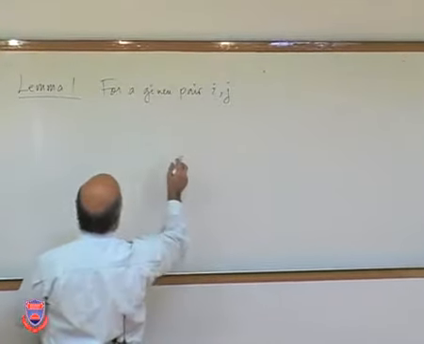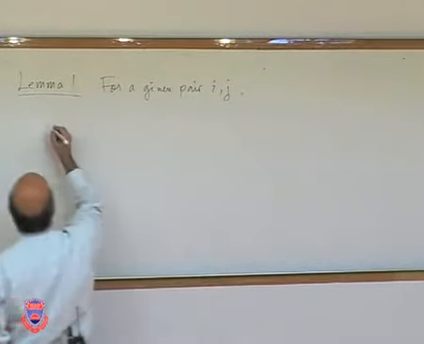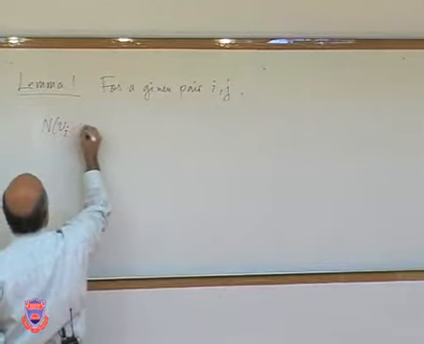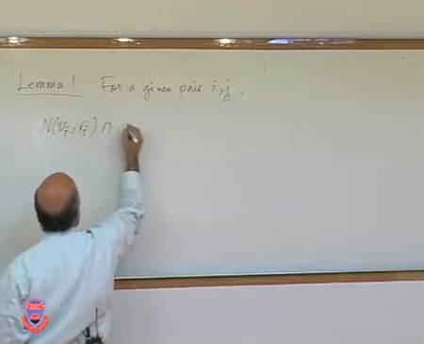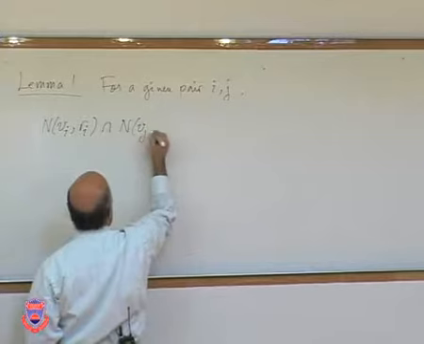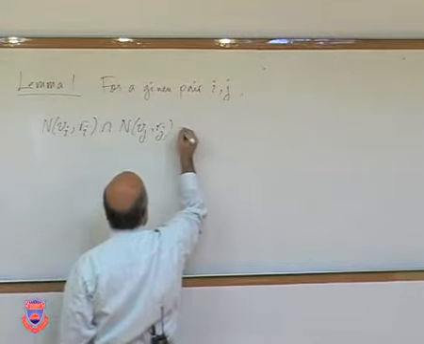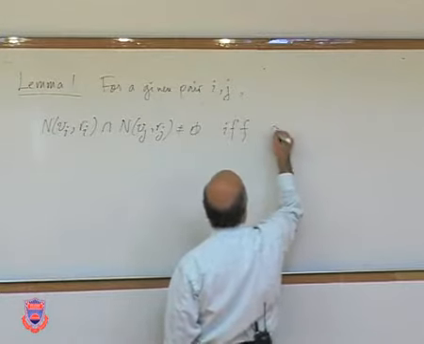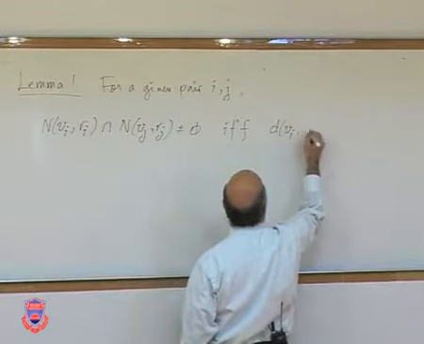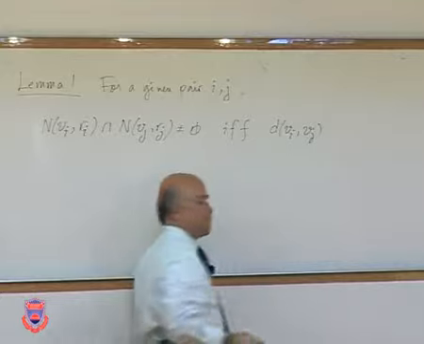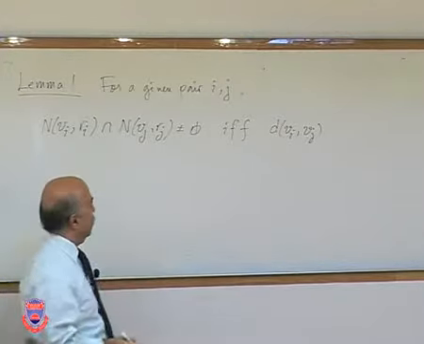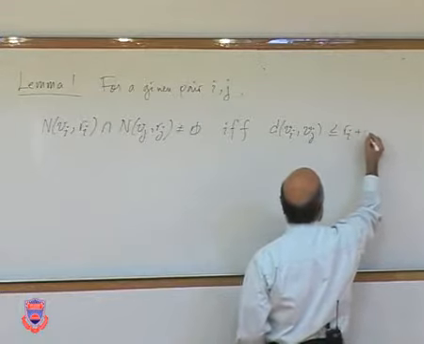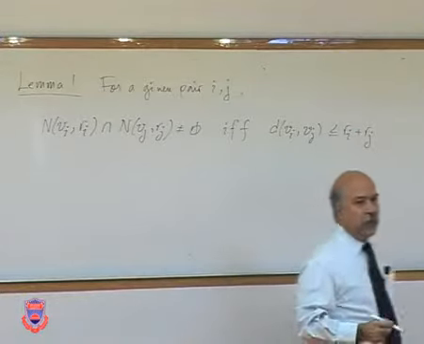So for a given pair ij, the neighborhood Vi Ri intersecting neighborhood Vj Rj is non-empty if and only if the distance between these two centers, meaning the centers of the neighborhoods, Vi, Vj, is less or equal the sum of the radii.